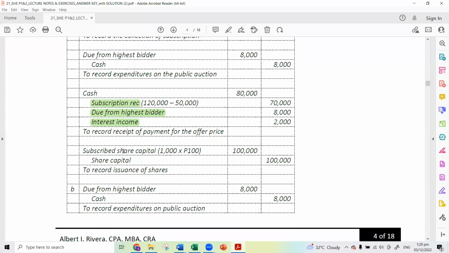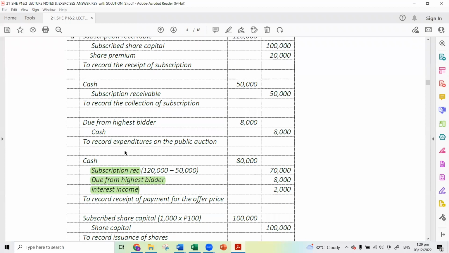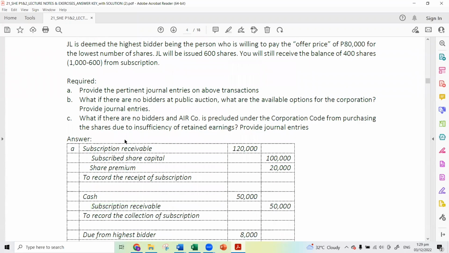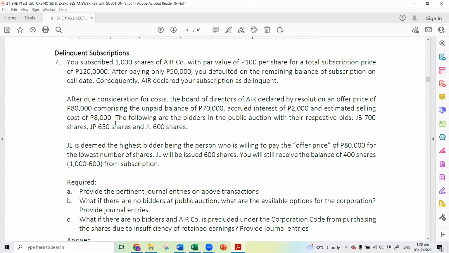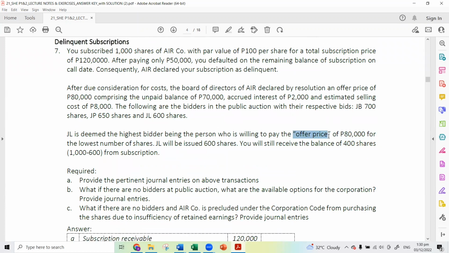So, that is the concept related to delinquent subscriptions. Please go over this illustration, because everything I said is here. Here is the offer price.